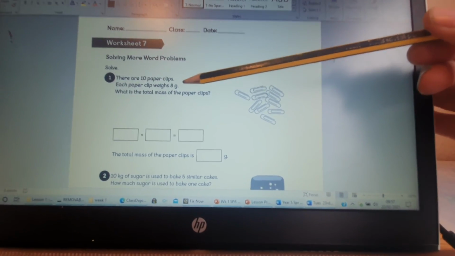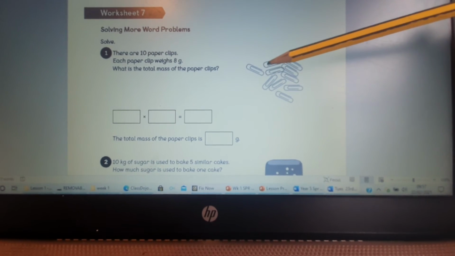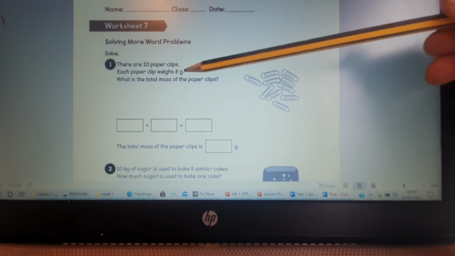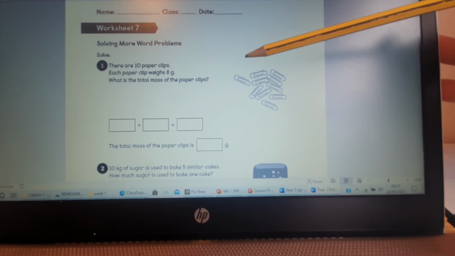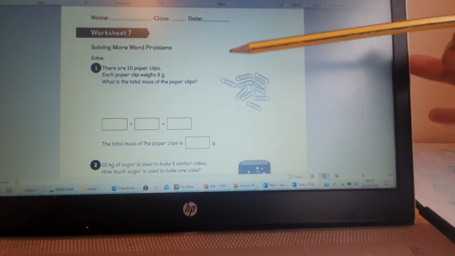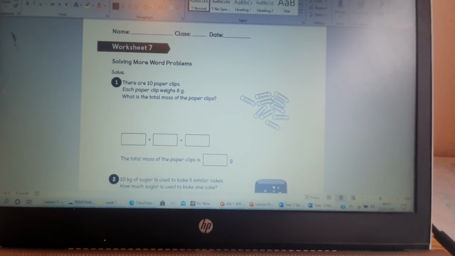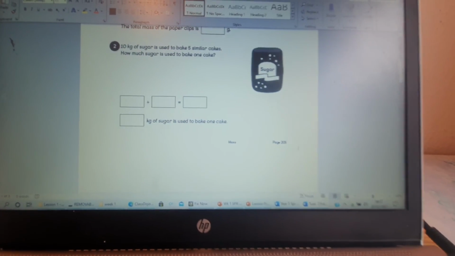So we're not adding, are we? We're not dividing. Well, you could add for this, because with multiplication you can add if you wanted to, but you'd be there for ages. But you're multiplying 10 times 8.